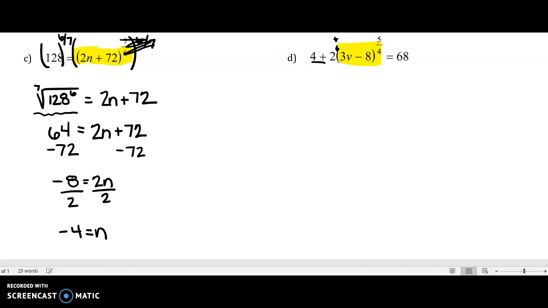So we're going to get rid of this 4 first by minusing 4 on both sides. Then we've got to get rid of the 2, so I'm going to divide both sides by 2.